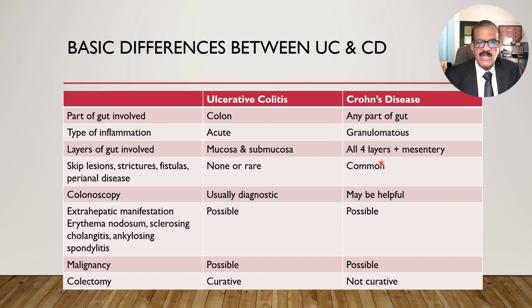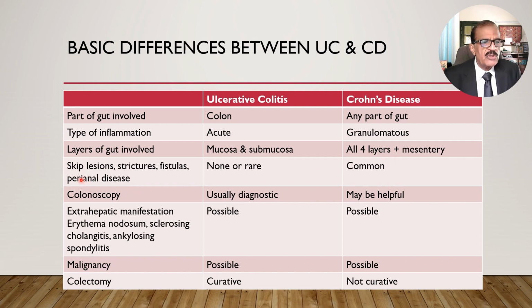Whereas in Crohn's disease, it affects all 4 layers: mucosa, submucosa, muscular layer, serosa. Not only that, it extends actually beyond the intestine. It affects mesentery, mesenteric lymph nodes and lymphatics and all the systems. So I think this is the basic difference.